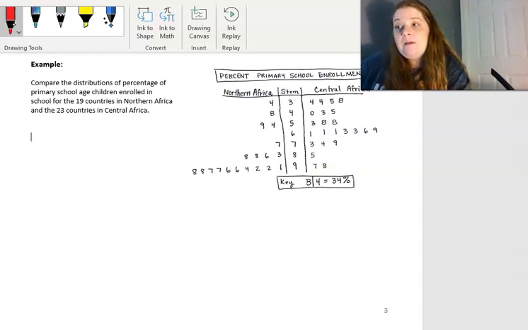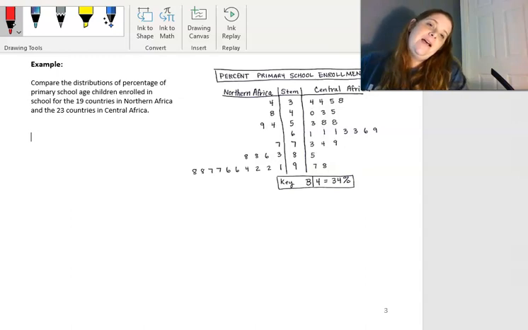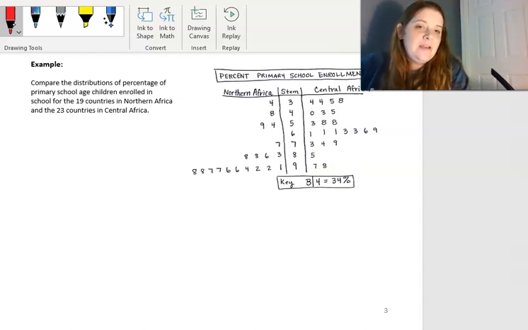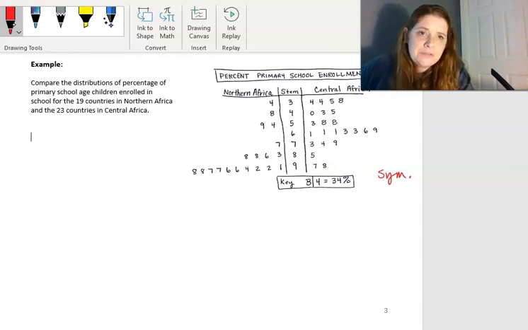Okay. And other than that, I think we could probably call this roughly symmetric. Okay. So I'm going to say this one's probably roughly symmetric here. I don't see any outliers. Okay, so we're talking about my SOCS. Okay, I don't see any outliers. I don't need to mention that.